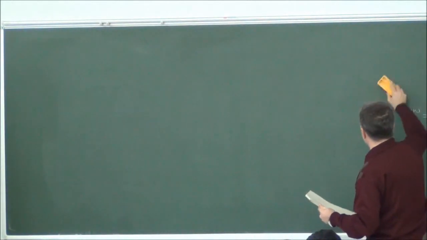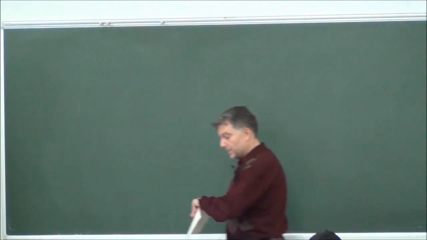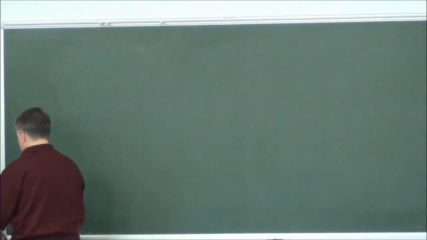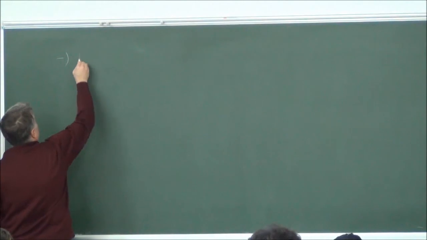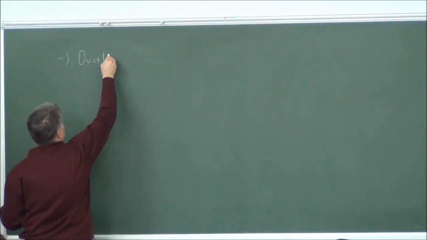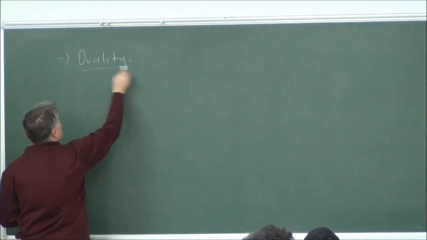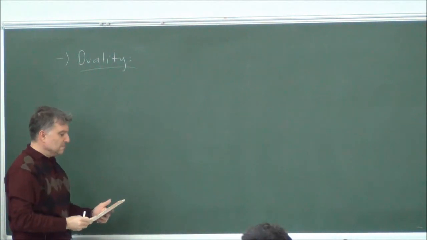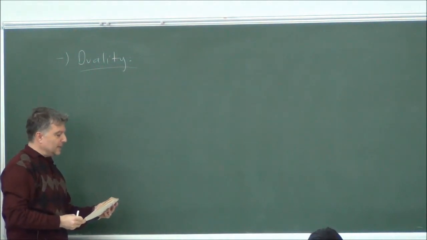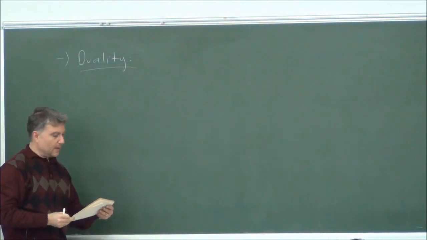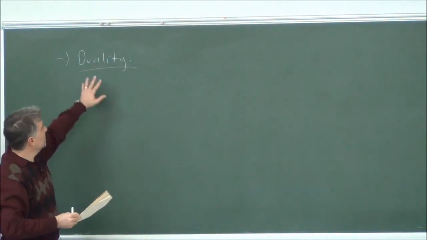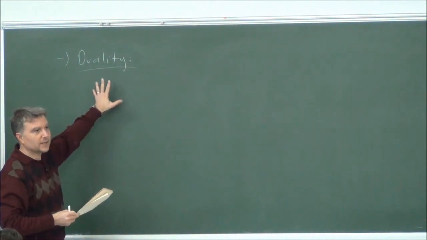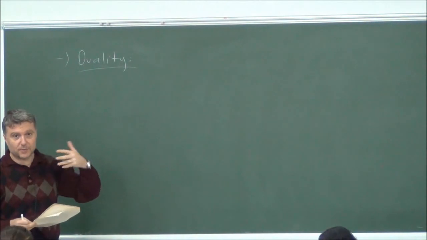Now we are approaching the final properties, final remarks. Duality is one of them, but it's a little bit difficult to explain because the duality is not for the Fourier transform. It's not for the discrete time Fourier transform.